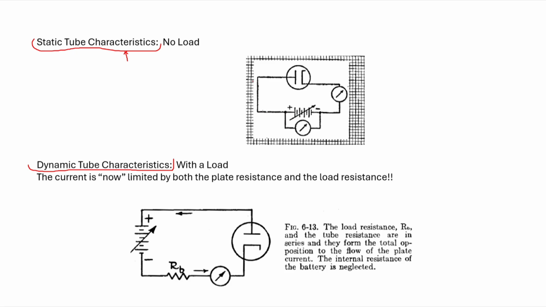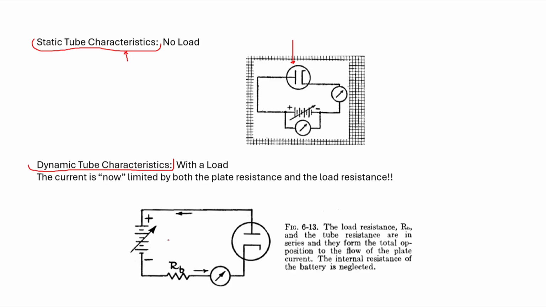But look in the circuit. There's nothing else limiting the current flow except for the diode itself. There's no load. And these characteristics are unrealistic in the real world, but they do tell us something about the tube itself. And that's called static.